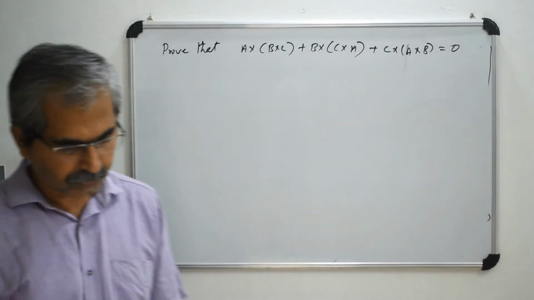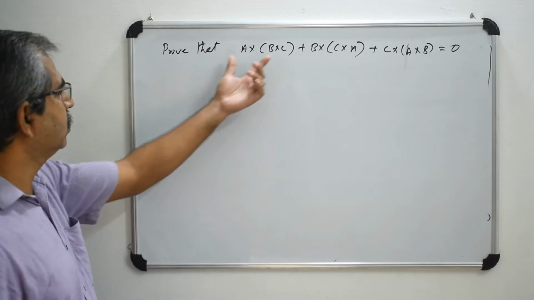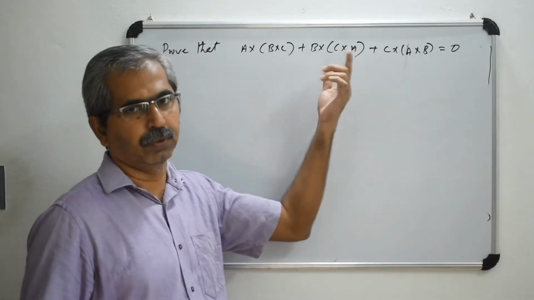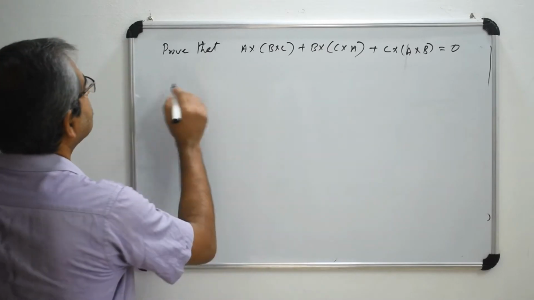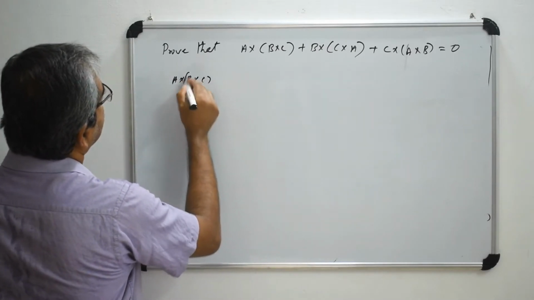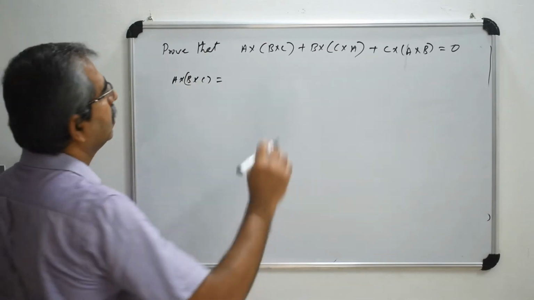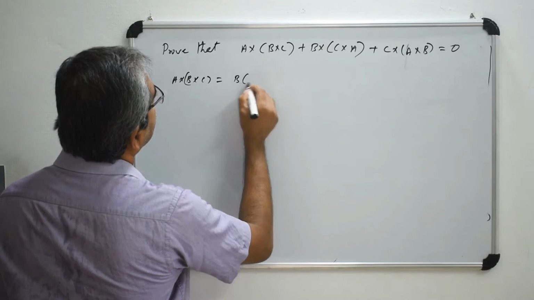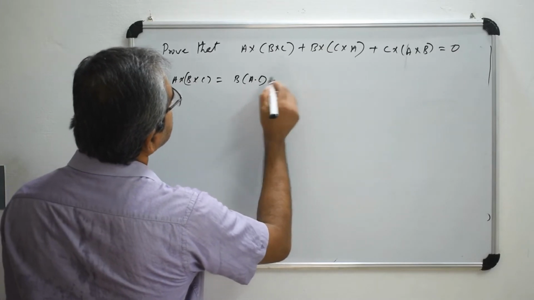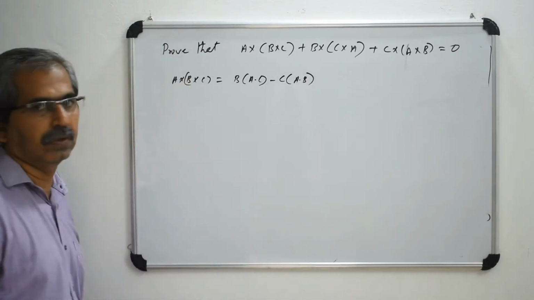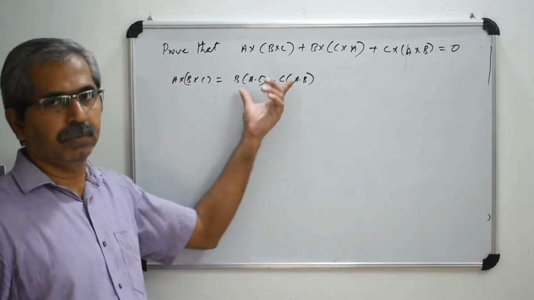Now, see, you can use the equation in the previous, what we have proved in the previous problem. That is A cross B cross C equal to, what is A cross B cross C? That is B A C minus C A B. So this is the equation we have proved in the previous section.